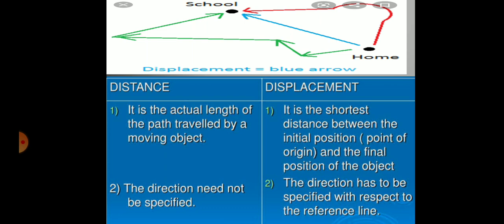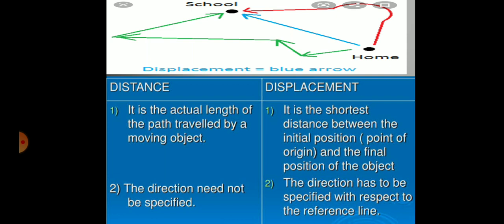So to specify the distance, we don't need direction. Whereas if you want to go from home to the school, and you choose this shortest path along this blue arrow, that is your displacement, because that is the shortest distance between the home and the school.